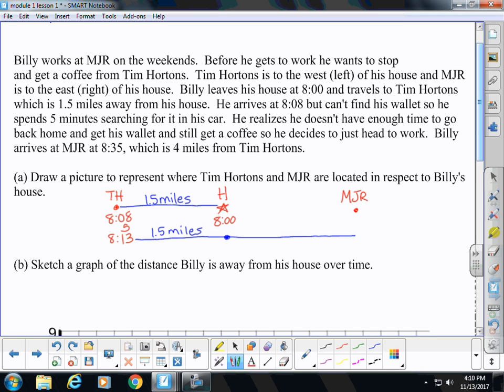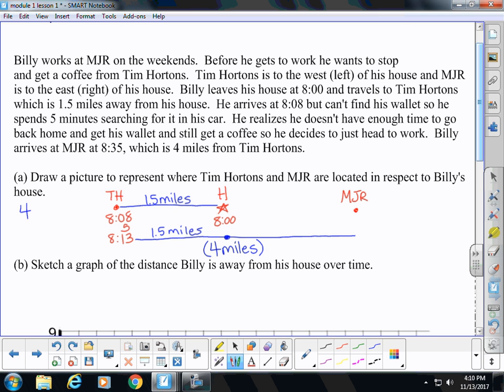Okay, but what did they tell us from Tim Hortons to MJR? They told us that that total distance is 4 miles. So this whole distance here is 4 miles. Now we know it's 1.5 miles going back toward his house. Now what we need to also figure out is how far it is from his house to MJR. So that's the first calculation we have to figure out that they didn't tell us.